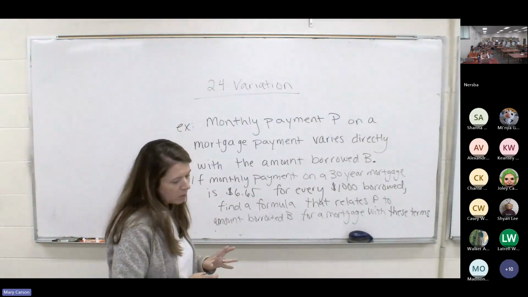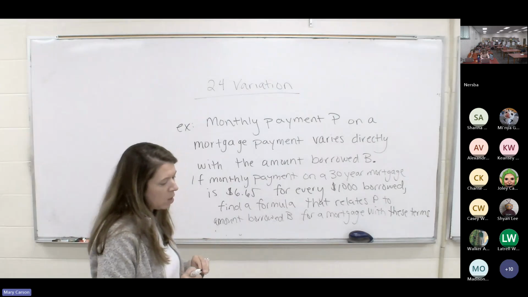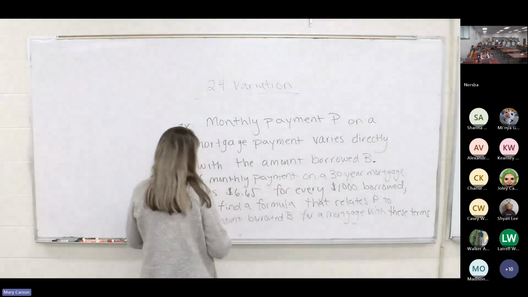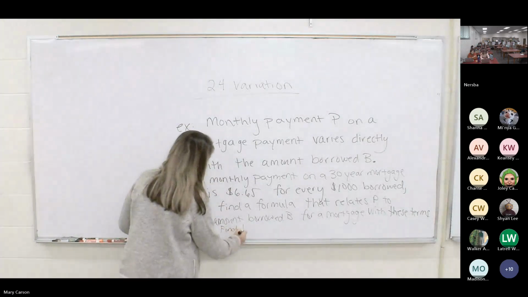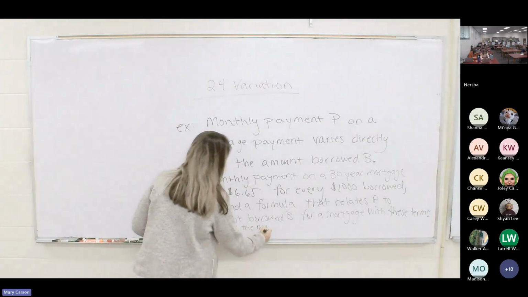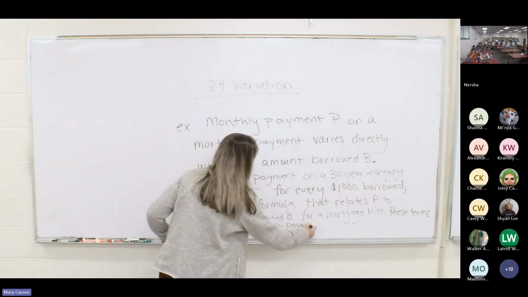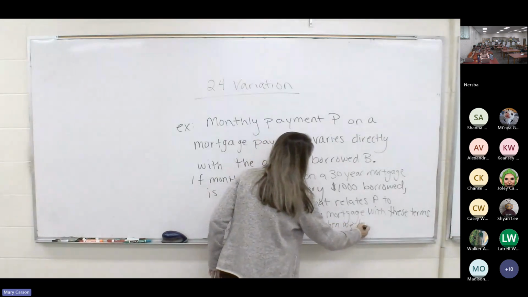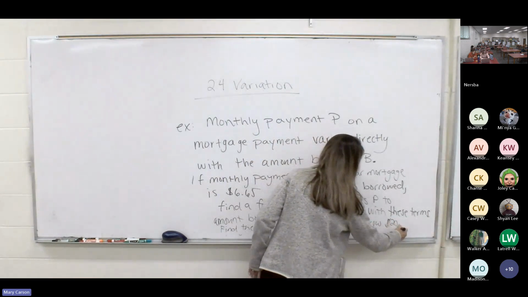And then the second part is we're going to find the monthly payment P when you borrow $120,000.